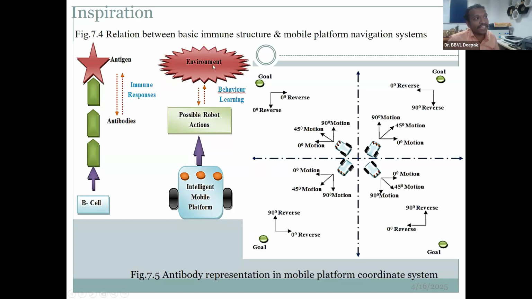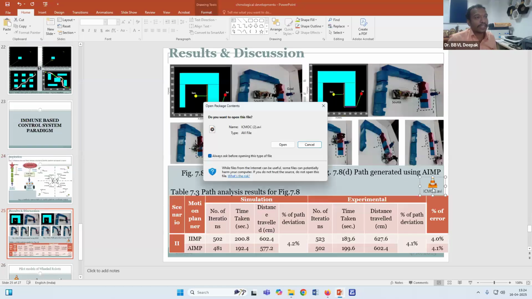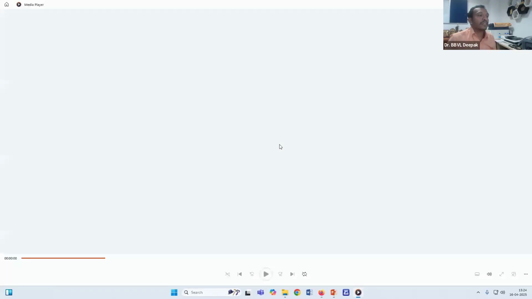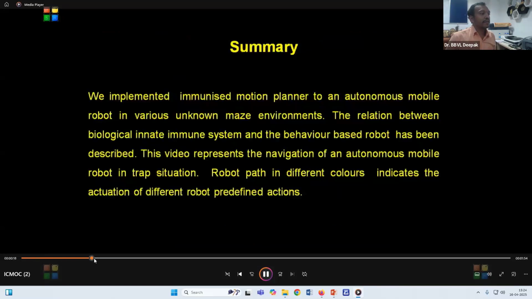Behavior learning happens between the environment and the robotic action, and then it will decide what to do and how to do it, right? Then it goes on its path just like this. Here you can see how our system works.